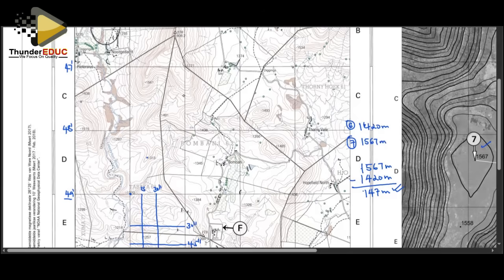This one here, not 1438. It's 1515 here. Those are our 2 points. We want to determine the bearing. Determine the true bearing of spot height 1313, which means we want this one from this one.